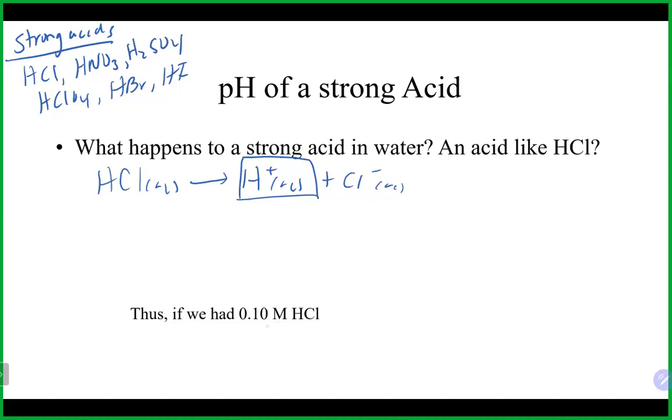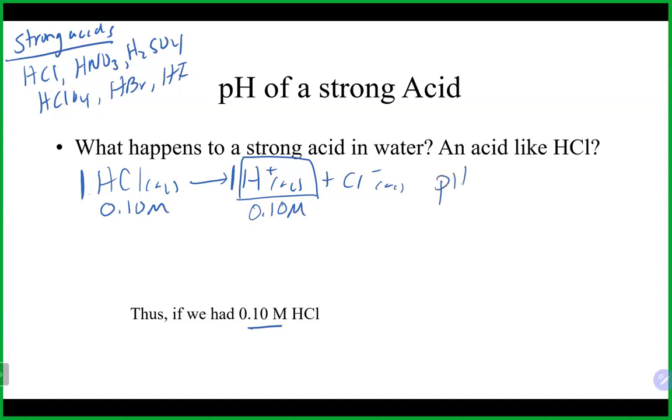And if we had, for example, a concentration of 0.1 molar, as we talked about in the solutions chapter, we could do a little stoichiometry. It's a 1-to-1 relationship between those two. That means the concentration of the H plus in that solution would be 0.1. And that's really all we would need to calculate the pH.